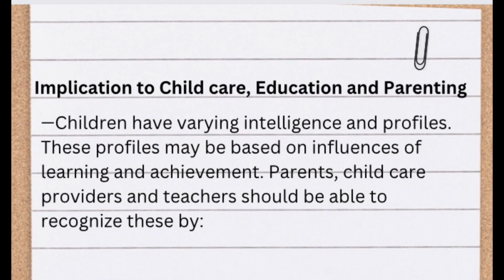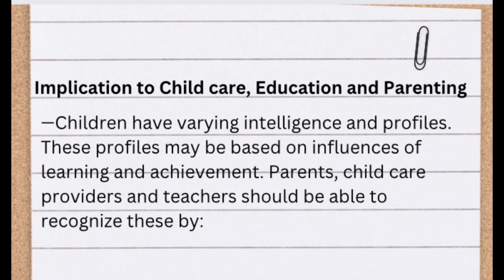Implication to childcare, education, and parenting. So children have varying intelligence and profiles. So ang each child gyud or bisan kita, we have the differences gyud like our intelligence. Like for example, ang ubang tao maayo sa arts, ang ubang tao maayo sa singing, ang ubang tao maayo sa dance, sa academics.